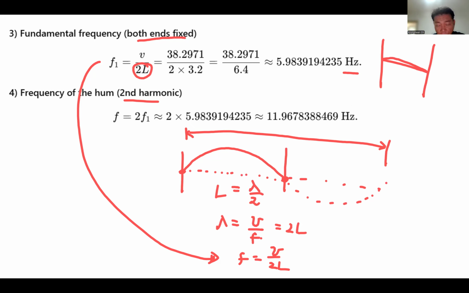The displacement should be 0 at these ends, so for the first harmonic, the wave should have this kind of configuration, such that this is the lambda and this is L. This is the very important assumption, and from this we get the relationship between the velocity, the L, and the fundamental frequency.